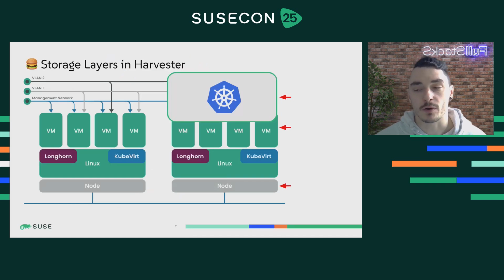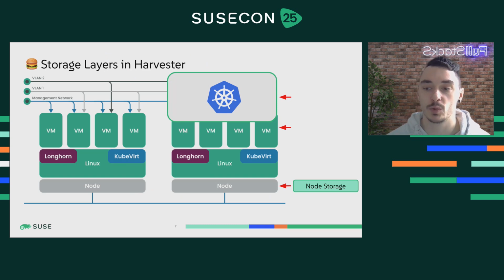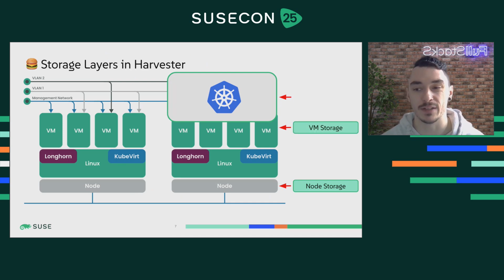If you think about the storage layers in such a system, there are namely three. We have the storage layer on the very bottom, which is the node storage, which is actually the storage that's being used to install SUSE Virtualization or Harvester, so to install the Linux on, pretty much. The next is the VM storage.